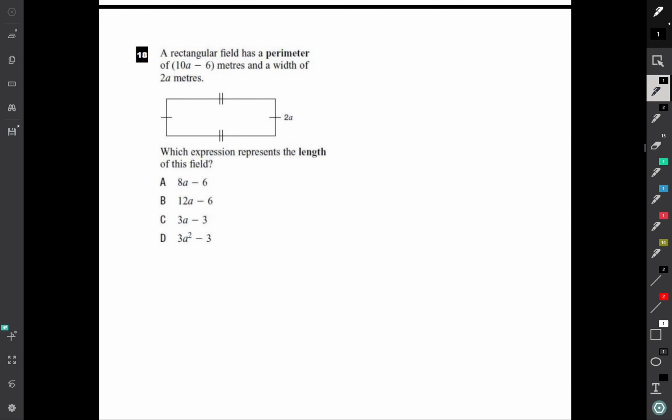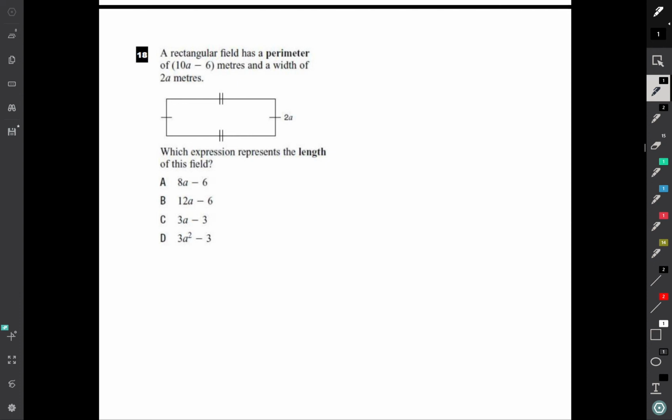A rectangular field has a perimeter of 10a minus 6 meters and a width of 2a meters. Which expression represents the length of this field? Again, let's start with the equation for the perimeter of a rectangle.